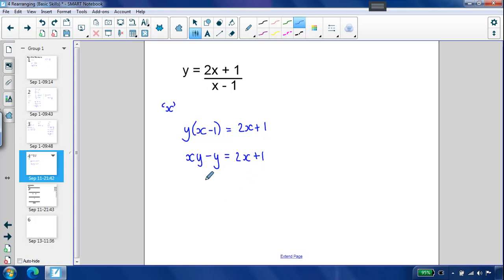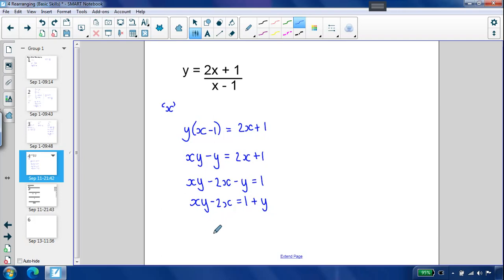So I'm going to leave this one here, and I'm going to minus 2x from both sides so it can appear on the left. So I'll have xy minus 2x minus y is equal to 1. And then this y, the negative y, can move to the other side, so I'm going to add y to both sides, and I'll be left with this line here.